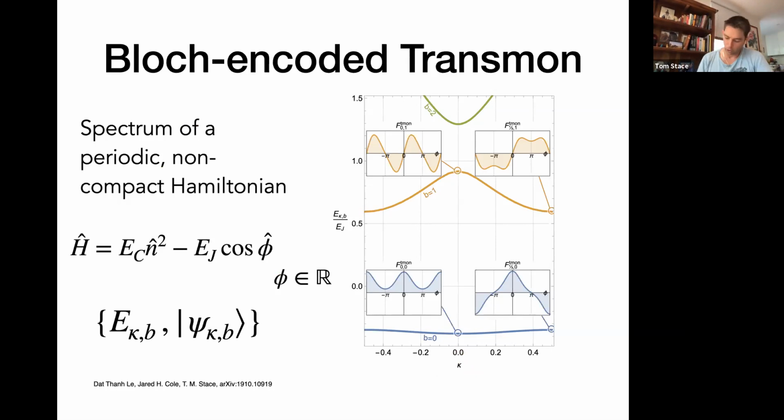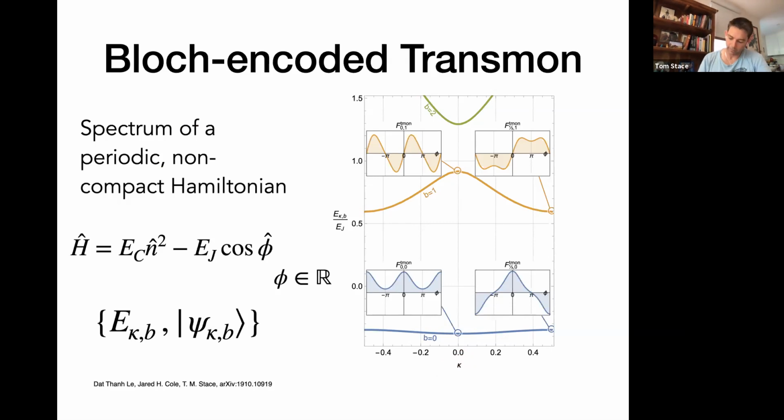But what I've drawn now is the same kind of spectrum, where the horizontal axis is not an external control parameter NB. It's the quasi-momentum that corresponds to the quantum number associated with the periodicity of the non-compact phase on the real line.